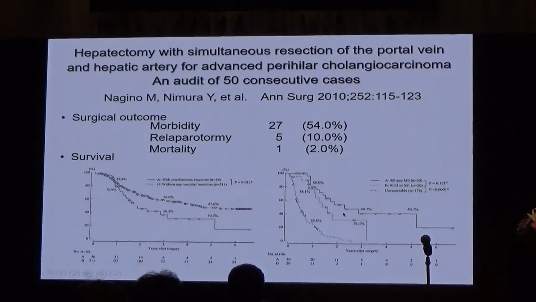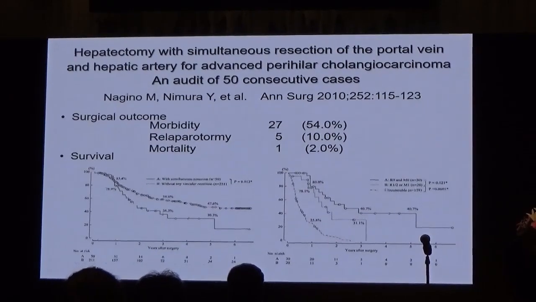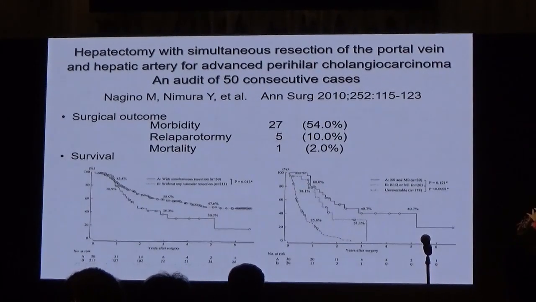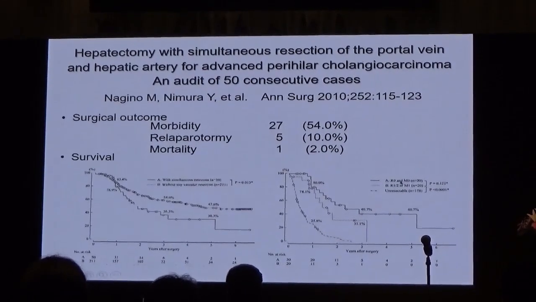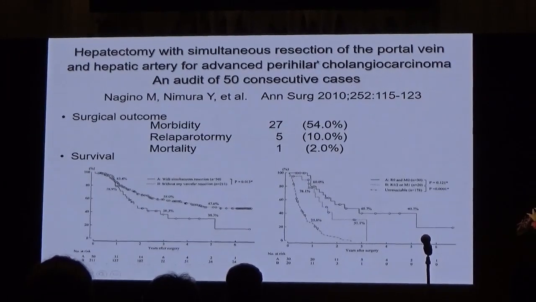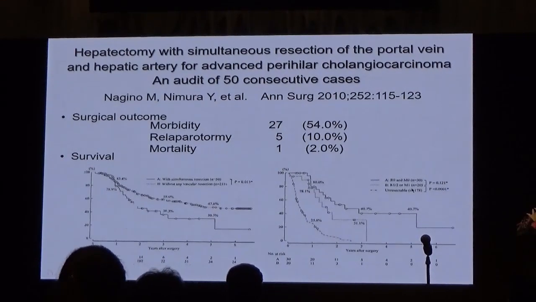Anyway, considerably good post-operative survival could be obtained by, here you see, R0 and M0 of the simultaneous resection. And here, R1 and R2 or M1 is here, and unresected.